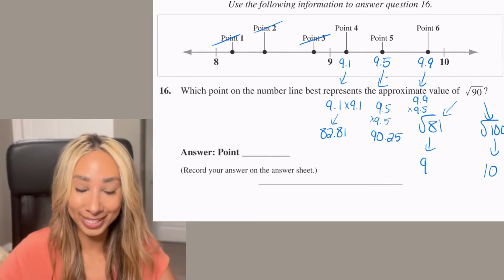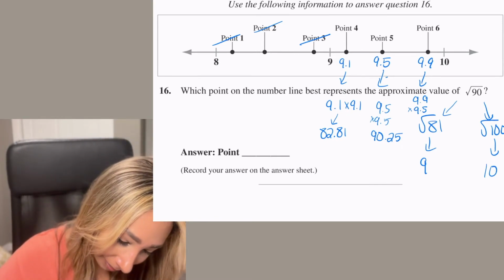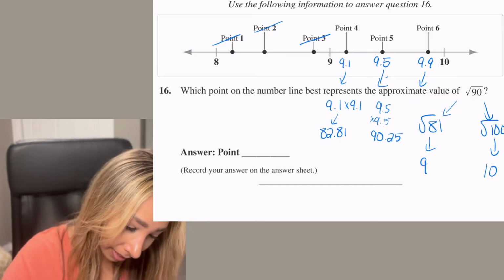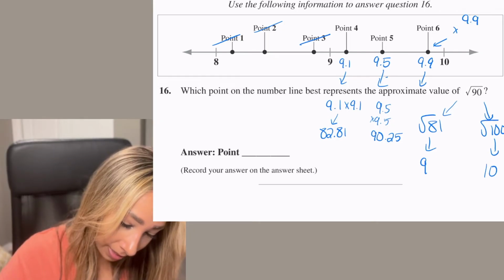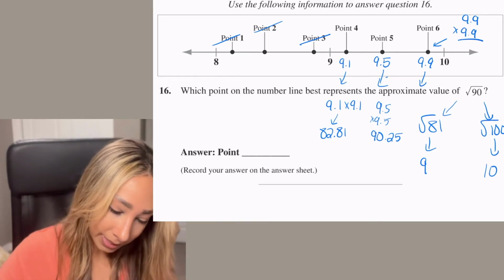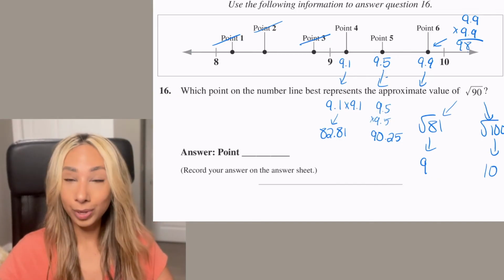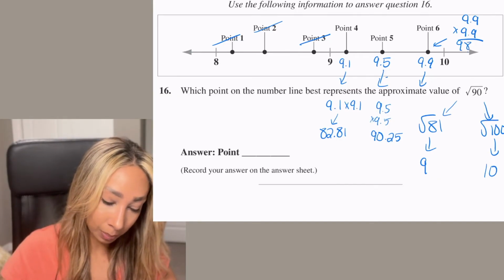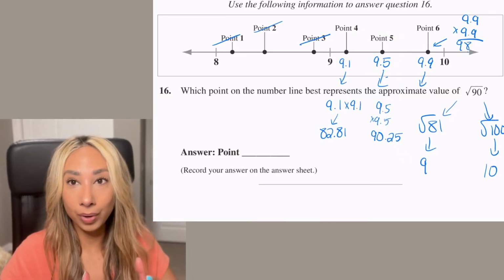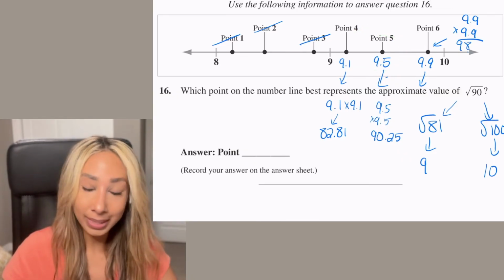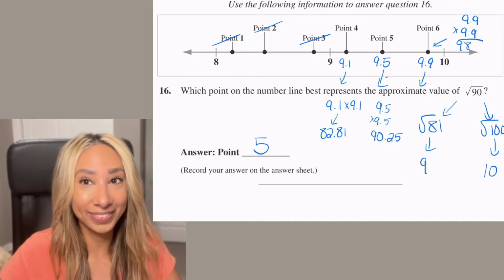It's not perfect, but it's pretty close. Sorry, I think I made a mistake here. Let me write that one at the top. 9.9 times 9.9 gives me 98. So the closest I can get is this middle point, about 0.5. It might be 9.4, it might be 9.432 or something like that, but that's my closest point. So the answer to this question will be 0.5.